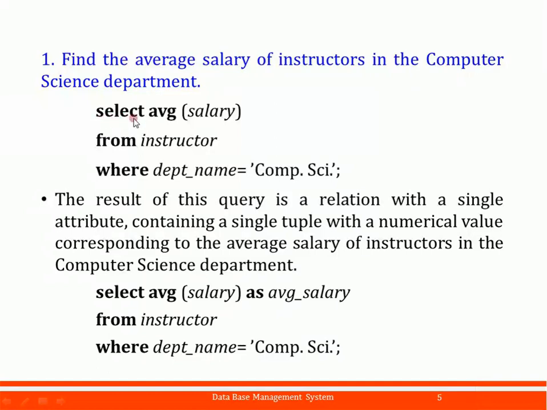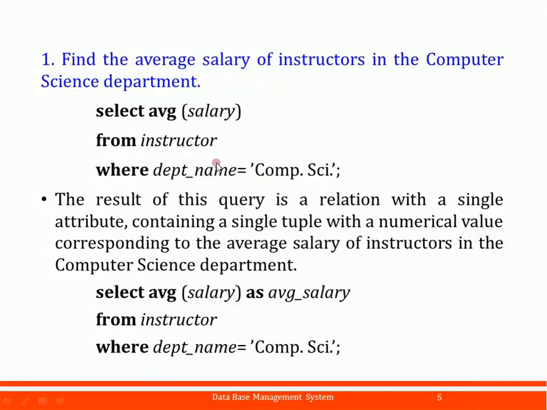Select is used to get the result or select some tuples from the instructor table, and find the average of the salary of the instructors from the instructor table, and there is a condition specified in the where clause, that is the department name is equal to computer science.